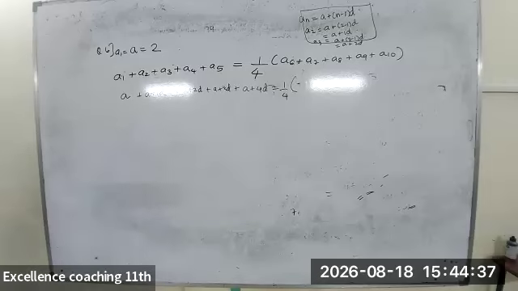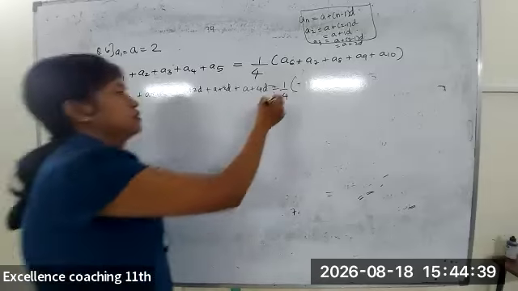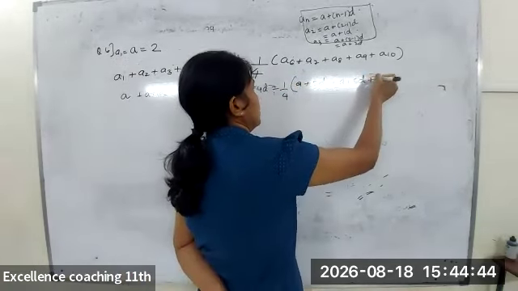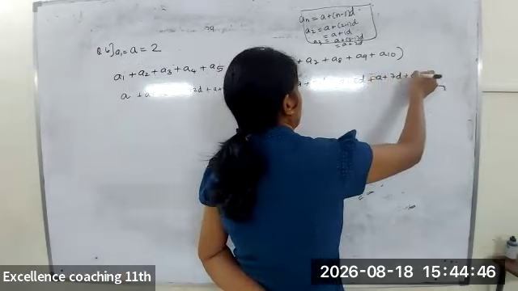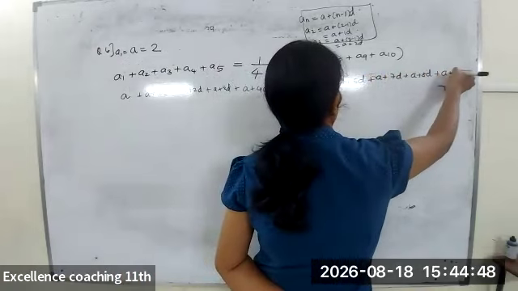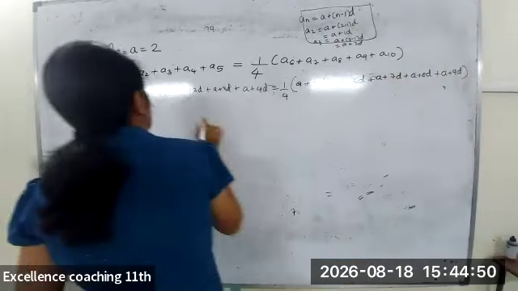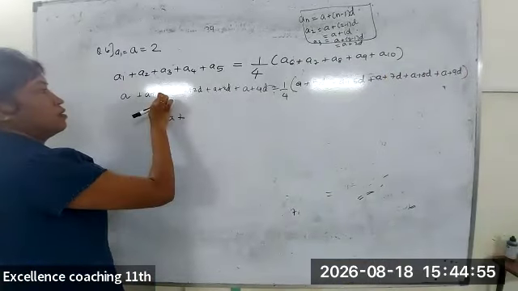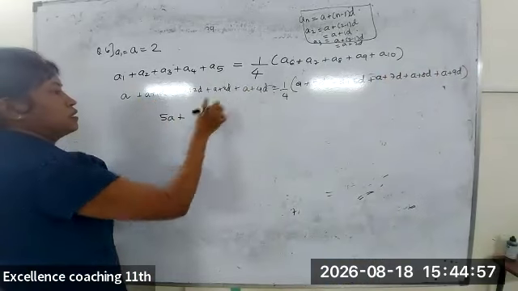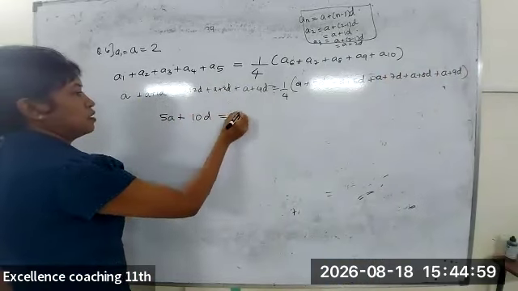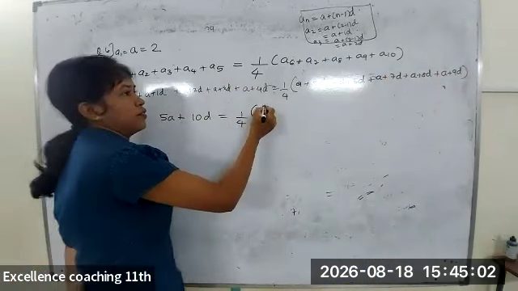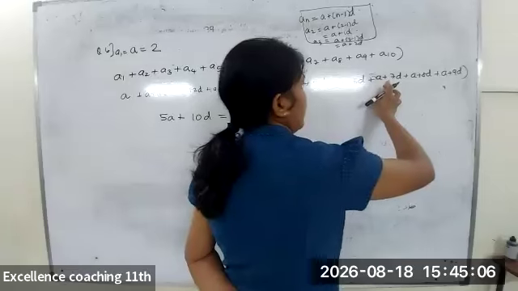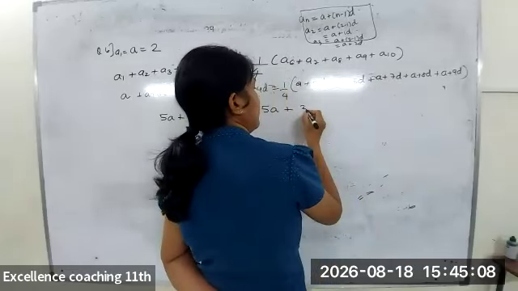Add all the A's, add all the D's. 3, 6, 10. 11, 18, 26, 35 are what you are getting here.